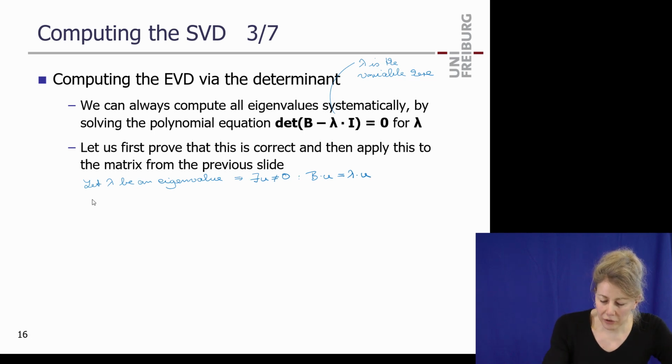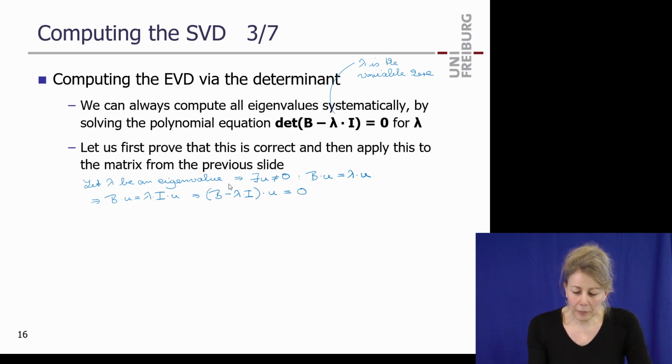So B times u is lambda times I, the identity matrix, times u, which means I can write it like this: B minus lambda times the identity, times u, is 0.